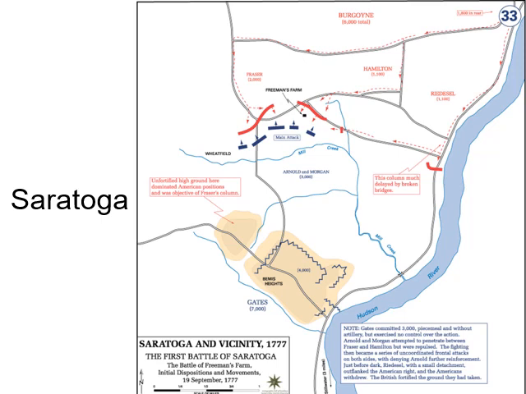And then you had a guy named Colonel Barry St. Leger. He was going to cross New York from Oswego and Lake Ontario in the west towards Albany. So he was coming from Canada too, but he was going to come from the western part of New York over around where Buffalo is today, and he was going to converge on Albany from that direction.